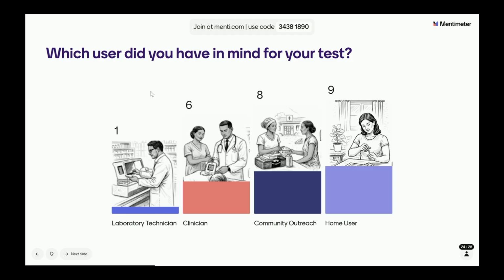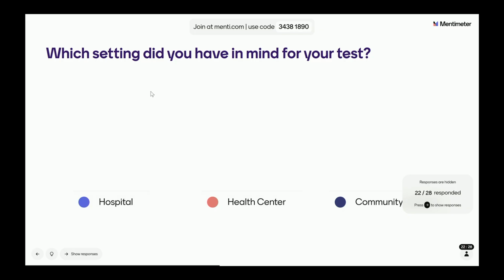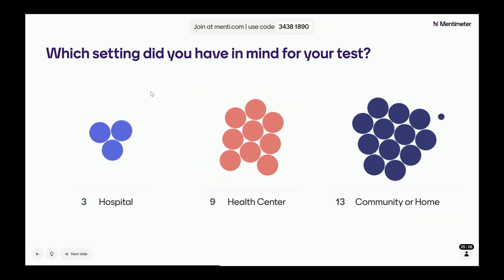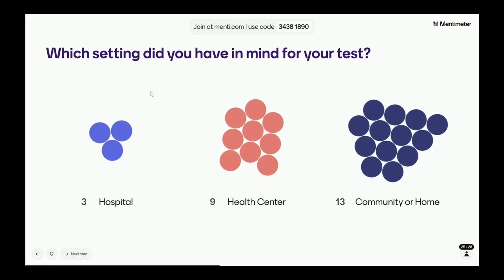Good. And then what setting did you have in mind for your test? Was it a hospital, a health center, or a community? Okay, good. That squares with the user. And then what's interesting, though, is a few people were thinking about a hospital that they had in mind, and some health centers.